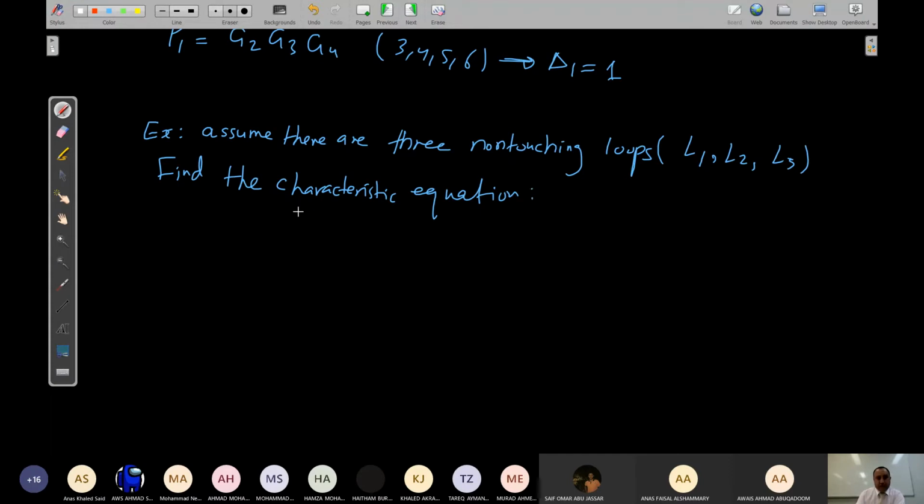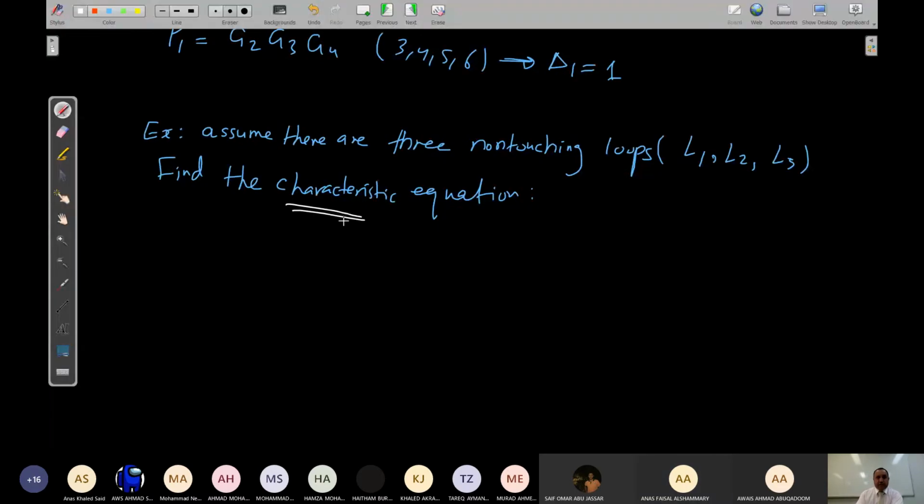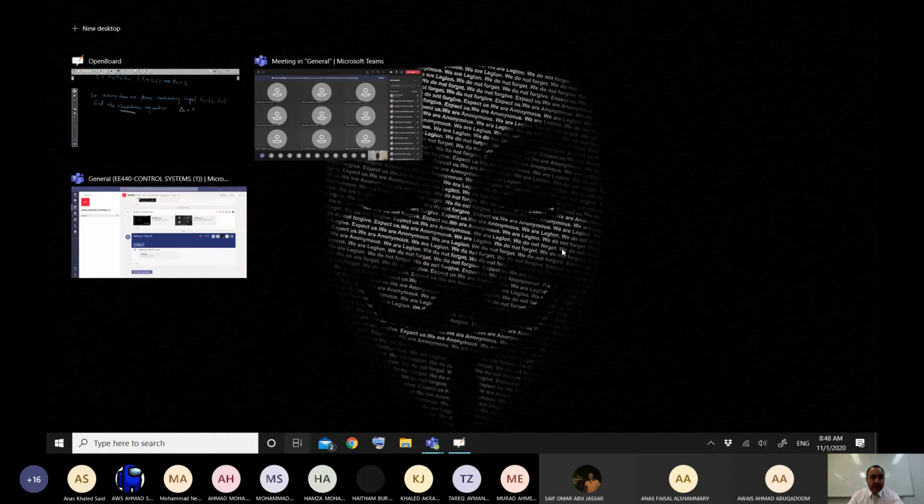So simply here, what do I need to find? Delta. So here I need to find delta is equal to what?